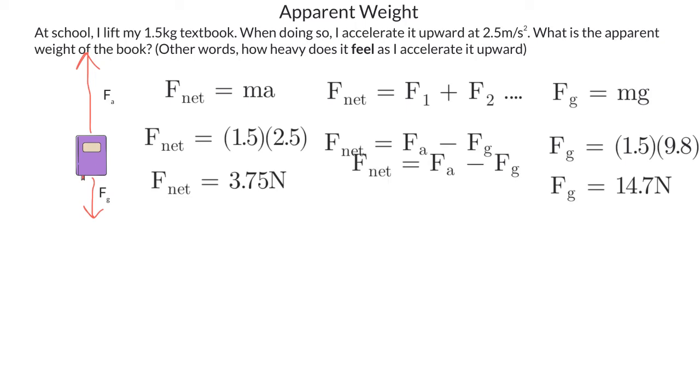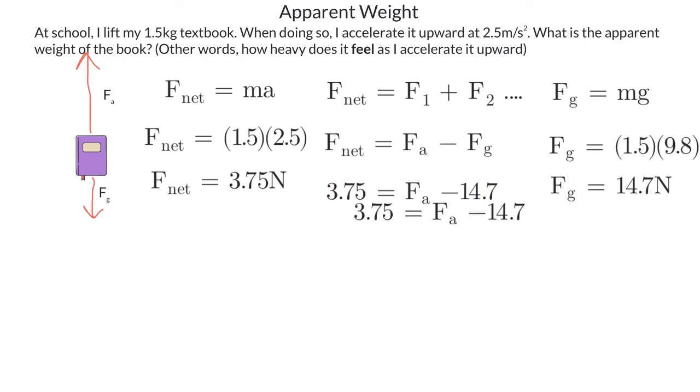Copy, paste. Alright, so our Fg was a value of 14.7, and our Fnet was a value of 3.75. And so now I just have to algebraically figure out what this value is, and hopefully you can see that I'm going to add 14.7 over to the other side.